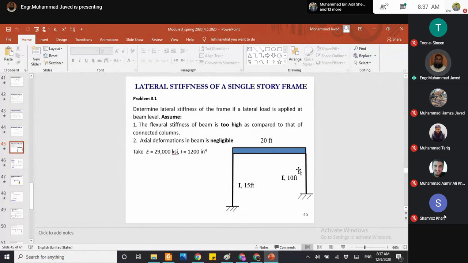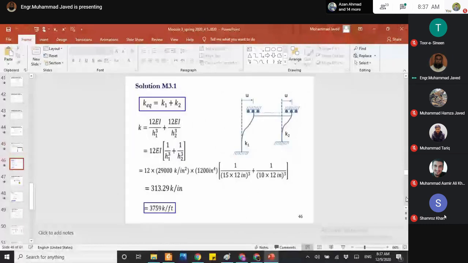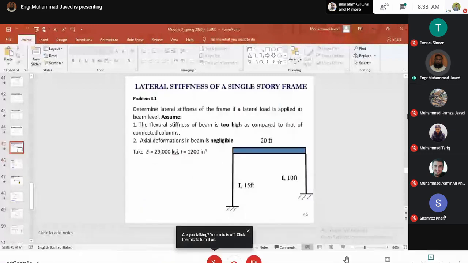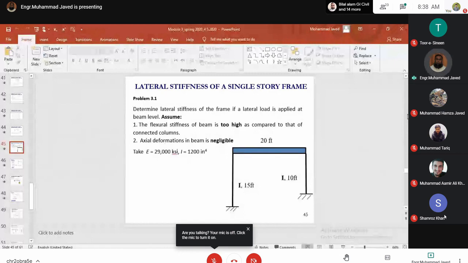And you will have to memorize that the lateral stiffness of a fixed-ended beam or fixed-ended column is 12EI over L cube, where L is the length or height of the beam or column. The values of E and I are given. So you just insert the value of E and I and you can calculate the stiffness of the system.